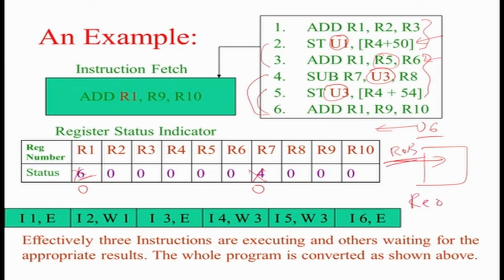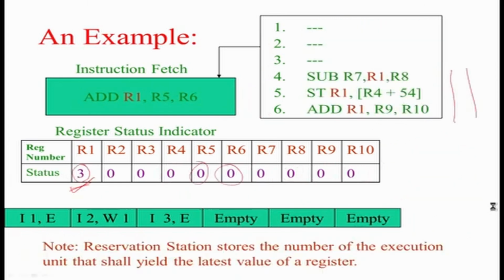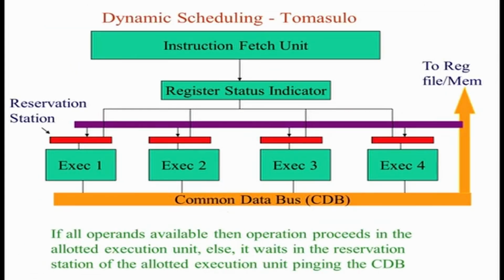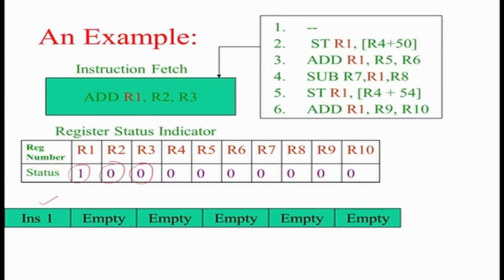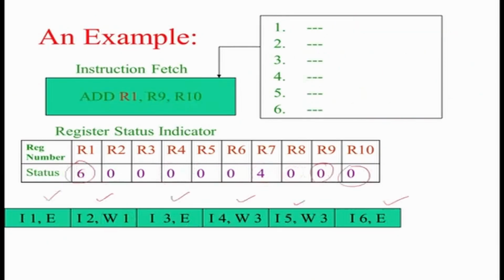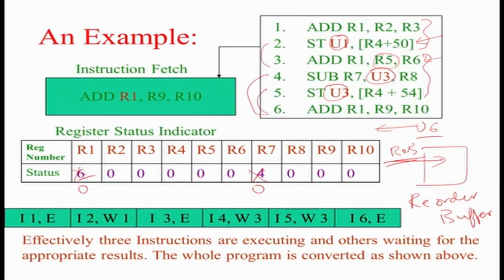Reorder buffer. This will be in the path, this is called ROB, reorder buffer, that will be here. The instructions as they finish will be loaded into this.